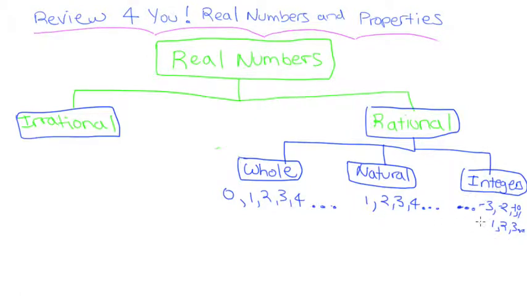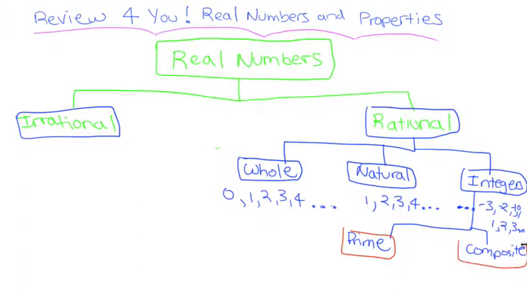So we can divide integers into 2 more categories: prime and composite. So we have prime numbers and composite numbers. Prime numbers are any integer greater than 1 whose factors are only 1 and itself.